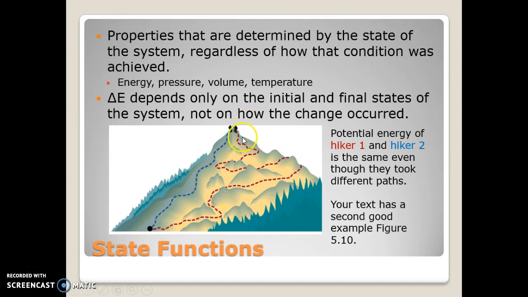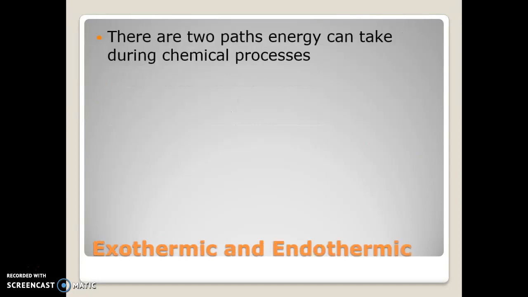It doesn't matter that he took more time to get there. He still wound up at the same position. So change in energy doesn't care about the pathway. It only cares about initial and final states. That's by definition a state function. You're going to see a few other state functions as we go through various units.